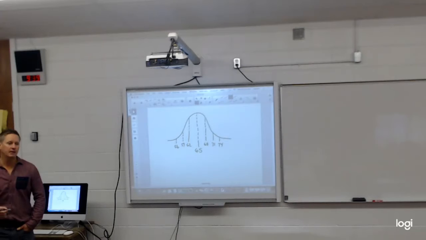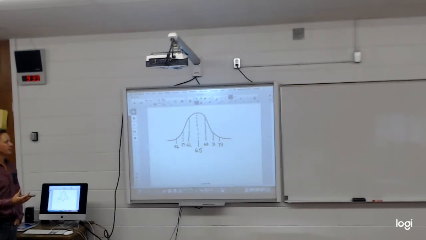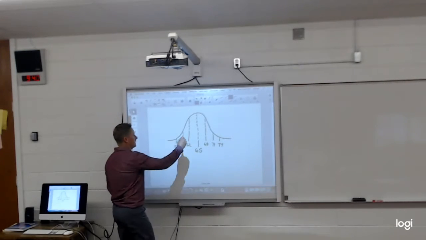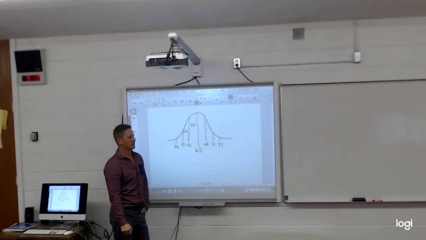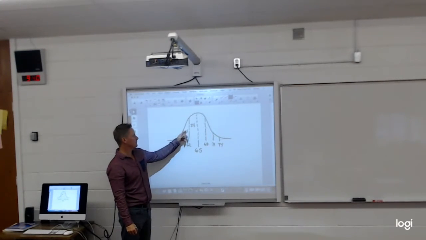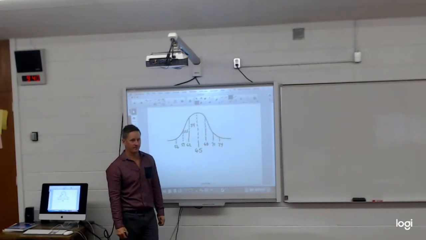What percentage of this club is between the ages of 59 and 65? 59 and 65. 47.5. Right. It's 34 here, right? And 13.5 here. Every graph has those percentages? Yes. So what's the answer? 47.5. That's right.